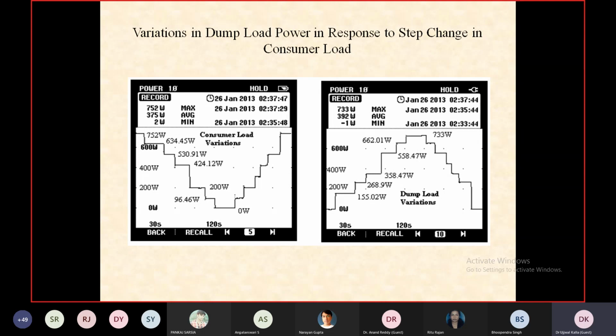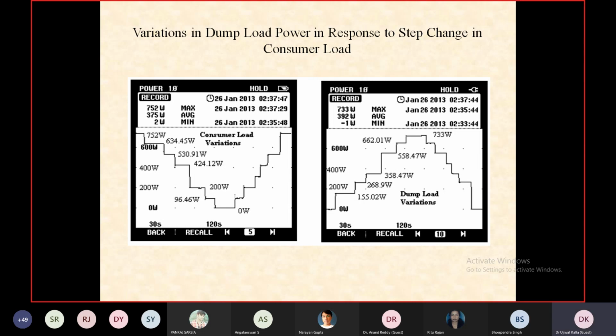And see here in this slide, this is also a recording in real time on the Fluke 43B power analyzer. The left side figure shows the variation in the consumer load and the right side figure shows the corresponding variation in the dump load. So see, when we started decreasing the consumer loads in steps, the dump load automatically increases in equal steps.